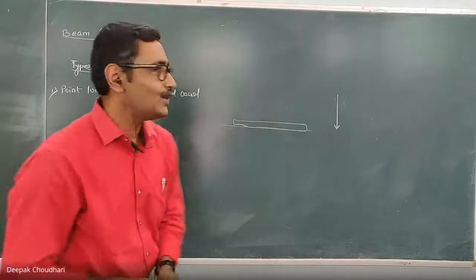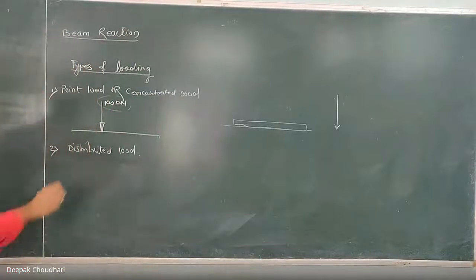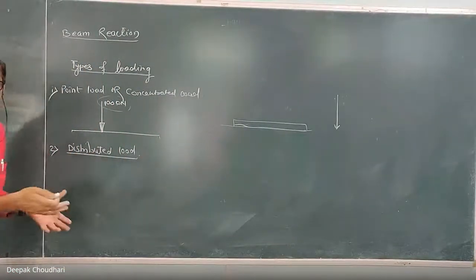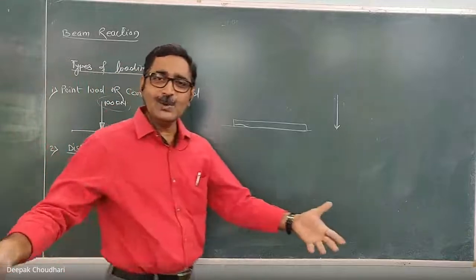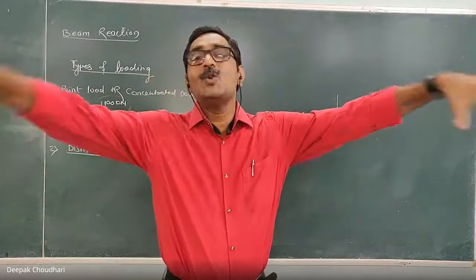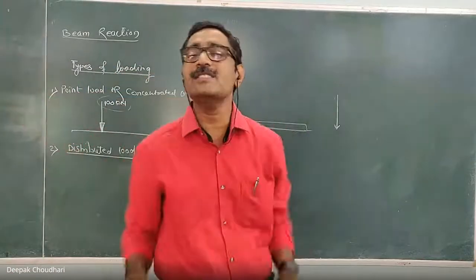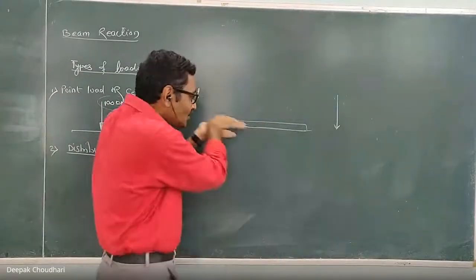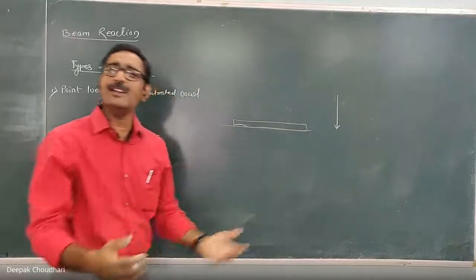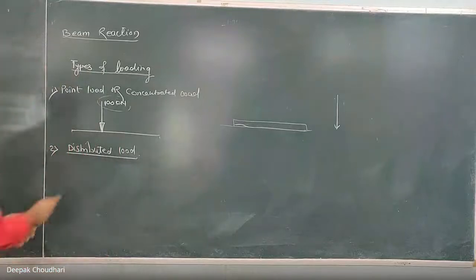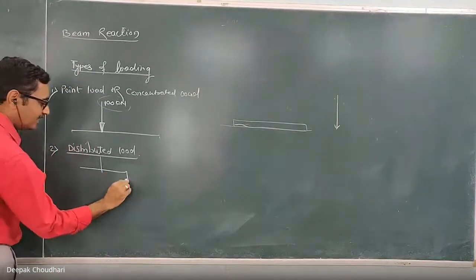So the second type of load is the distributed load. The name itself indicates that the total load is distributed over some length. That's why it is known as a distributed load. Now this distribution of load can also be of different kinds. These distributed loads are further divided into two parts.